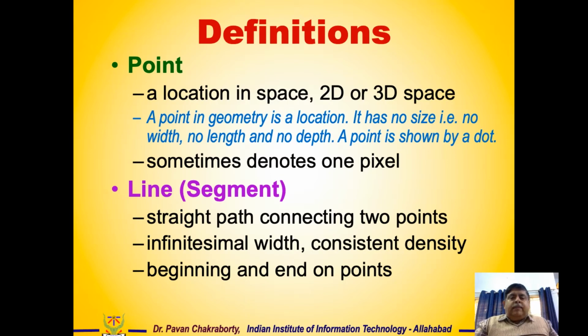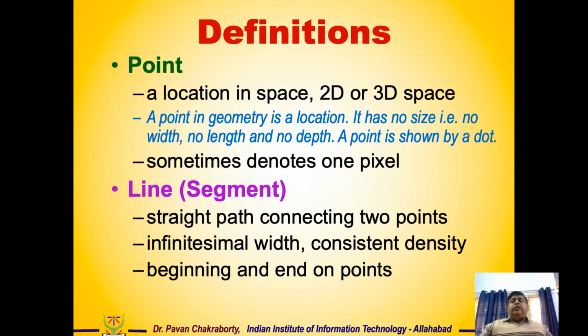Now, a line segment is a straight path connecting 2 points. This is important: it is basically a straight path connecting 2 points. It is again made out of these points. It has infinitesimal width, consistent density, and begins and ends with a point. So this is important: consistent density and uniform width.